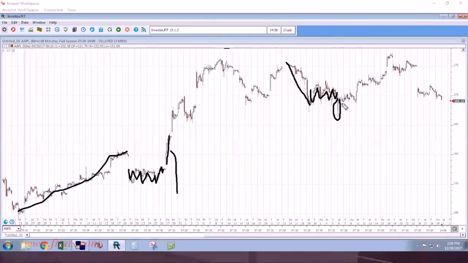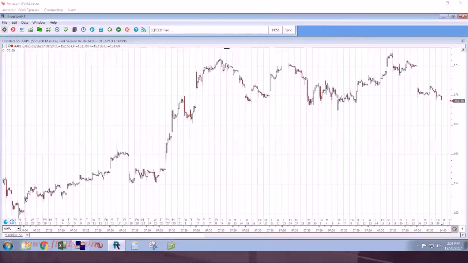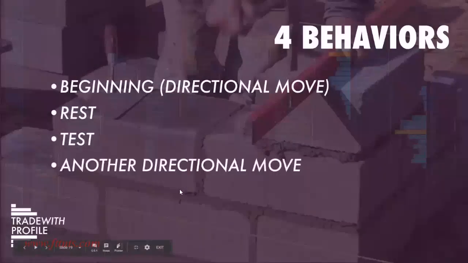So that's a test. All right, so after we see a market move sideways like this, we know that one of the next behaviors to look for is a test. Or we can look for the last behavior, which is another directional move.